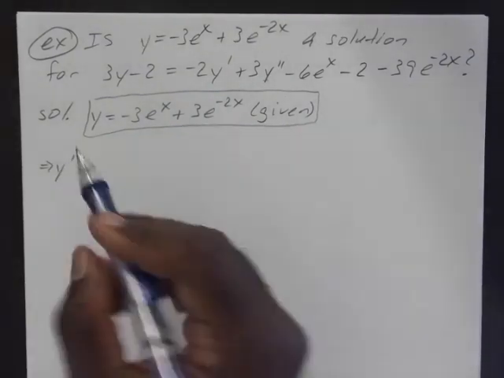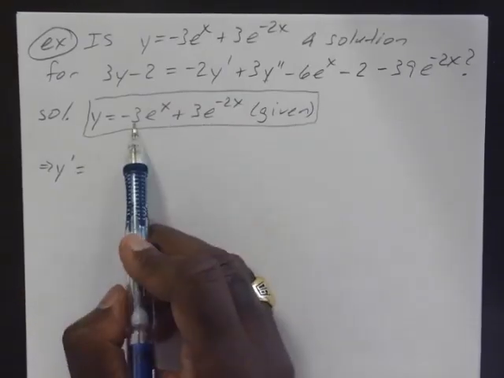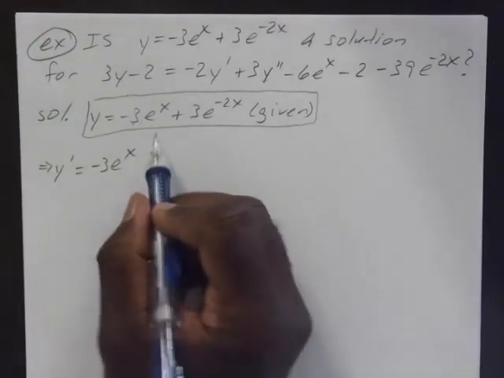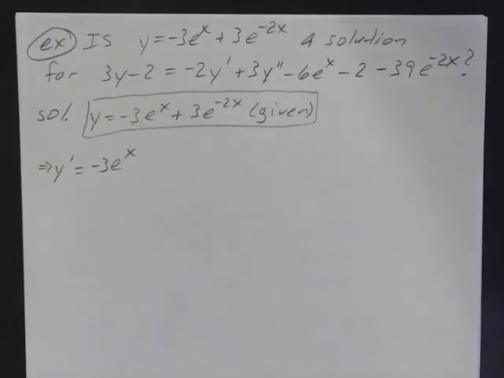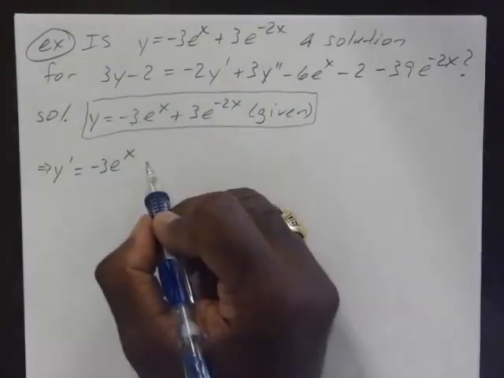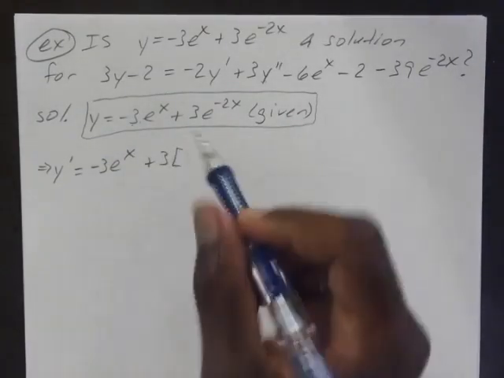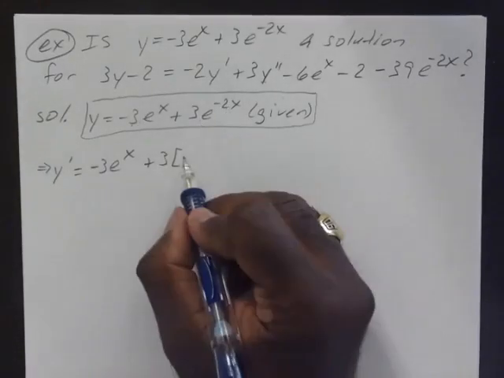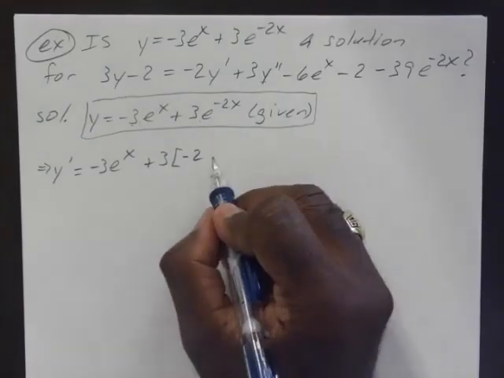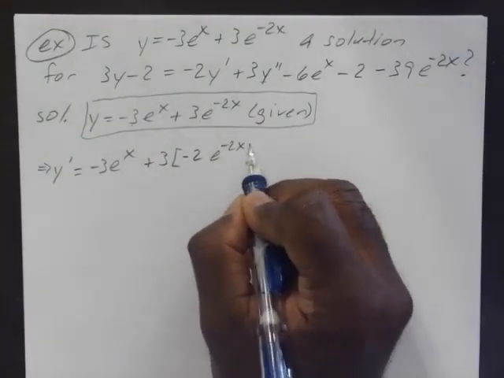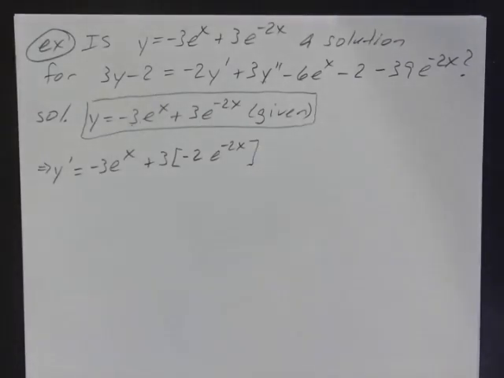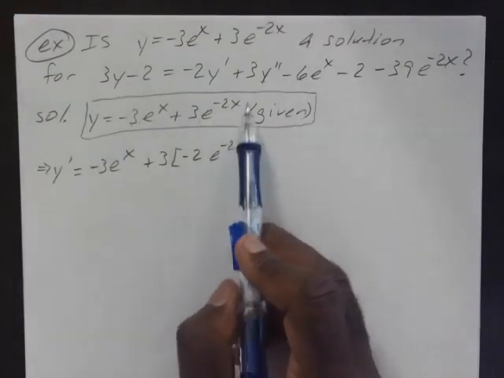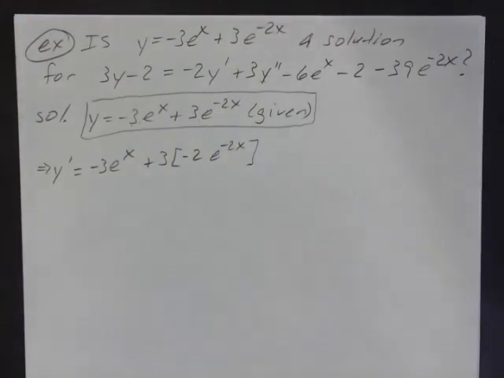Now our first derivative is equal to -3 times e to the power of x, since that is the derivative of -3 e to the power of x, plus 3 times the derivative of e to the power of -2x, which is e to the power of -2x times the derivative of -2x, which is -2.